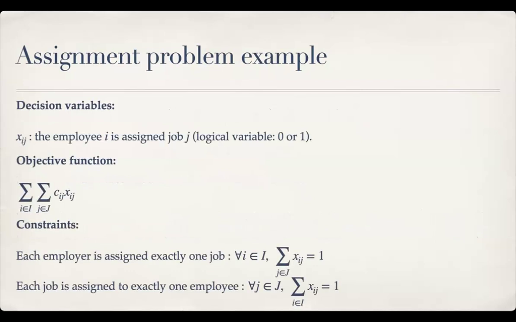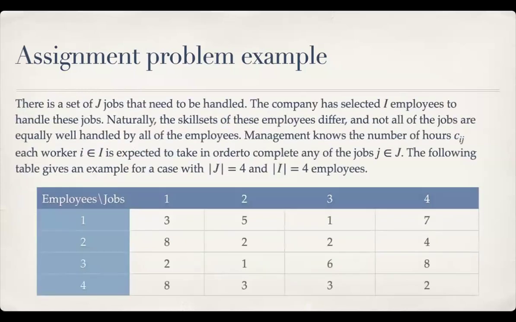It is the number of hours shown in this table. Cij means the number of hours required for employee I to complete job J.